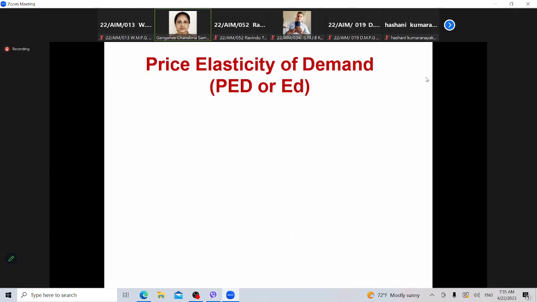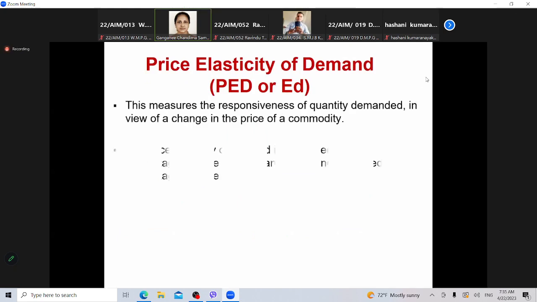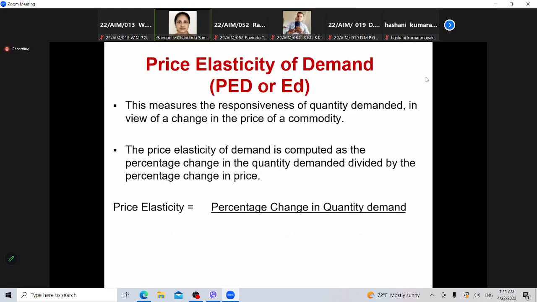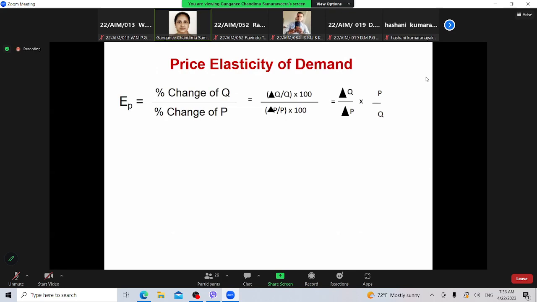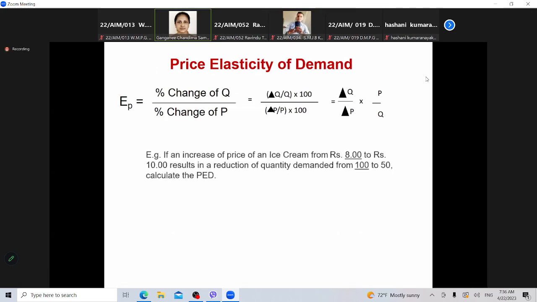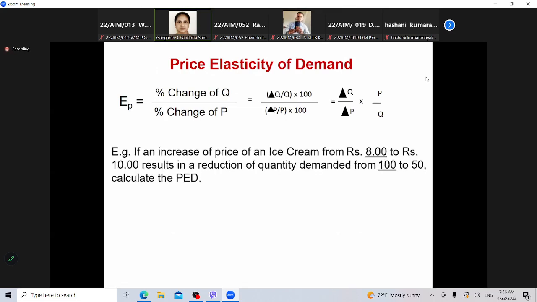We discussed price elasticity of demand. Here we took percentage change in quantity demanded divided by percentage change in price, because this is price elasticity of demand. Hope you refreshed your understanding. Then we did some calculations. Many students have done all the calculations very nicely, and I hope others also learn this.